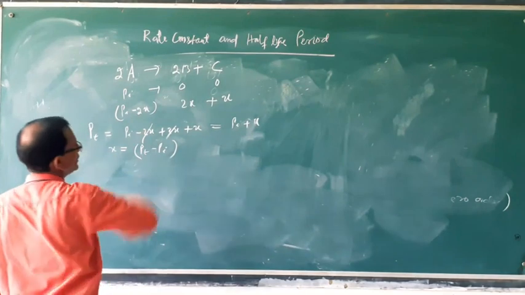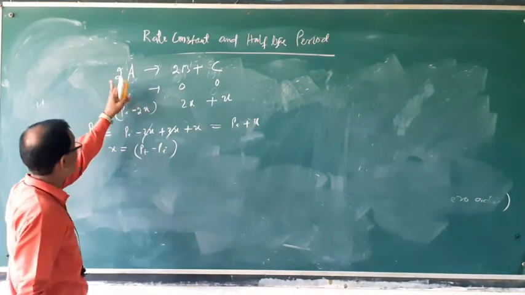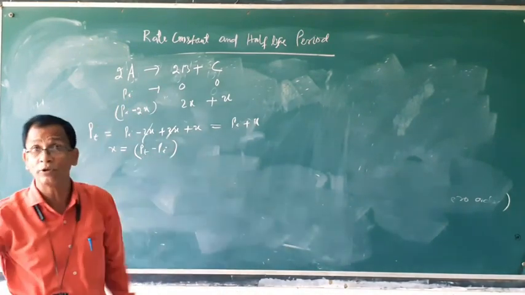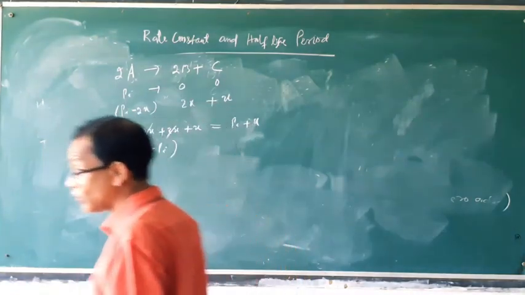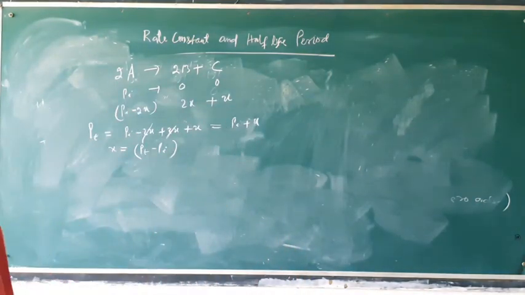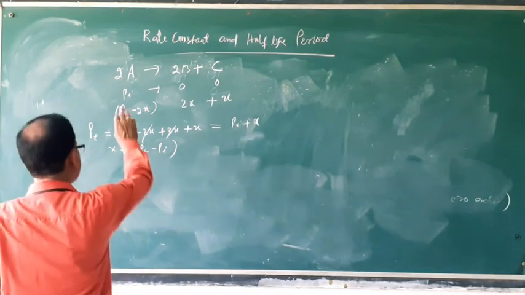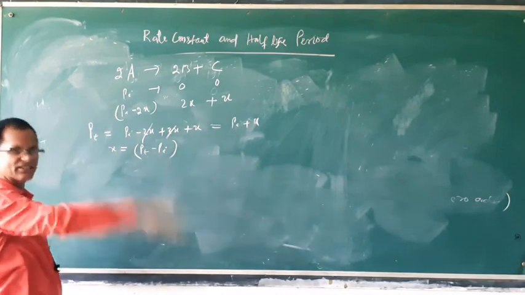Now put the value. This expression is written like this, but we have to use first order, because the order of a reaction does not depend upon the balanced equation; it depends on experiment. It is written in second order form, but the reaction is first order.